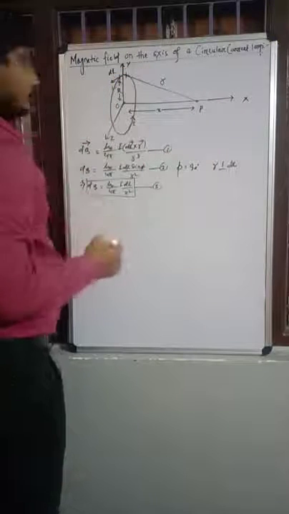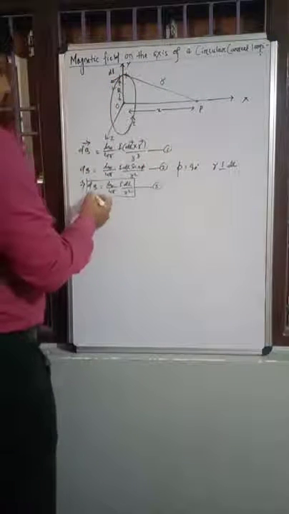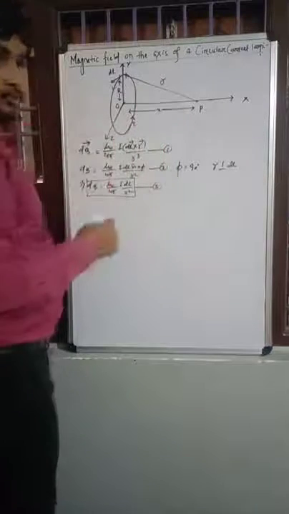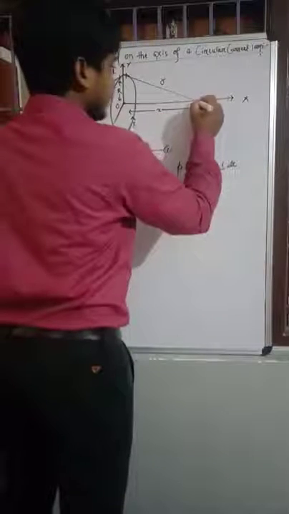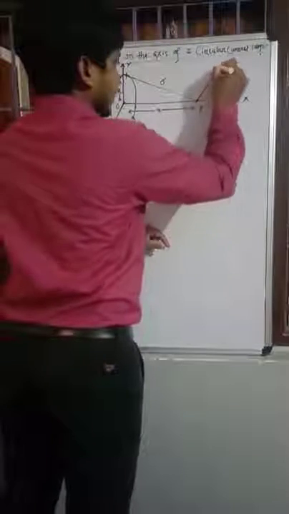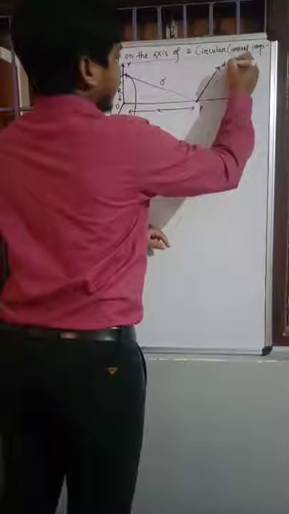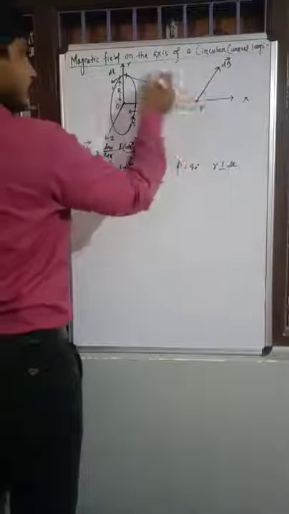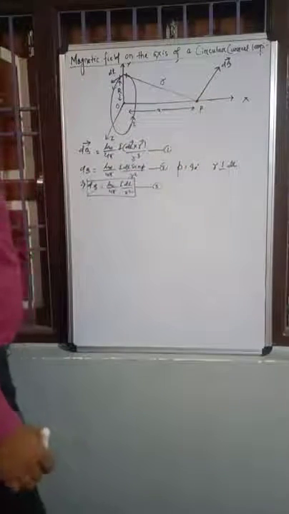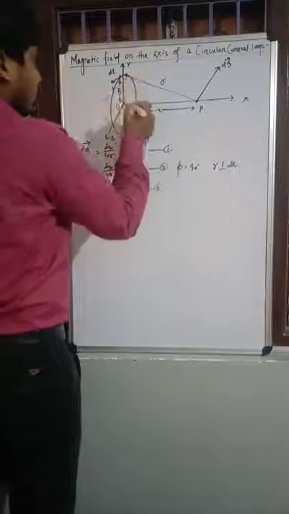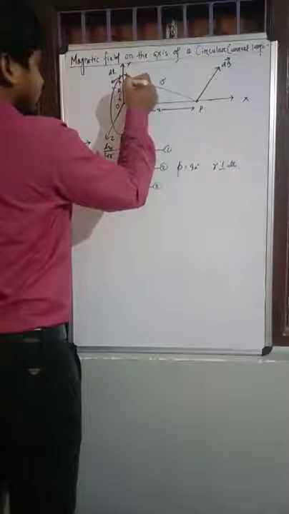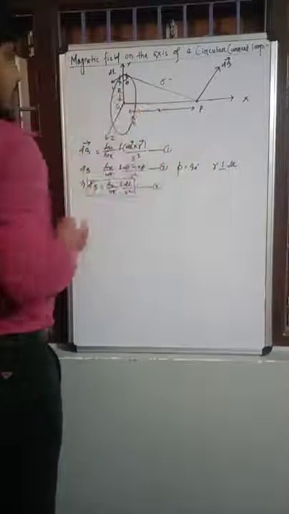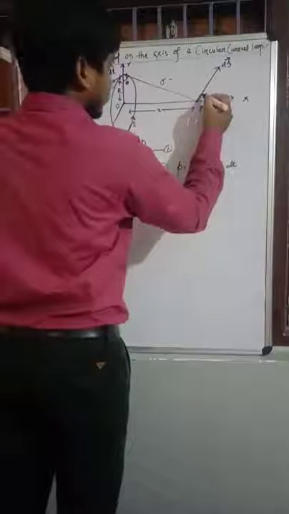Now we know that the direction of this magnetic field is perpendicular to the position vector r, hence this dB at this point will be directed in this direction. This is the direction of the dB vector, which will be perpendicular to our r. Now, if this angle is theta, theta is the angle between this small r and capital R, then this angle will also be theta.